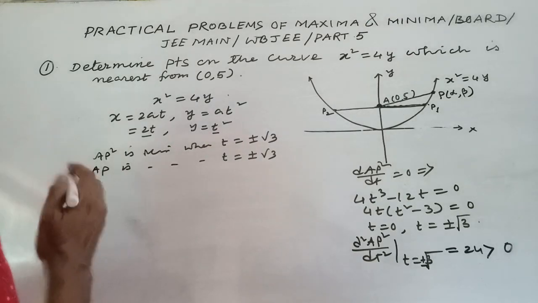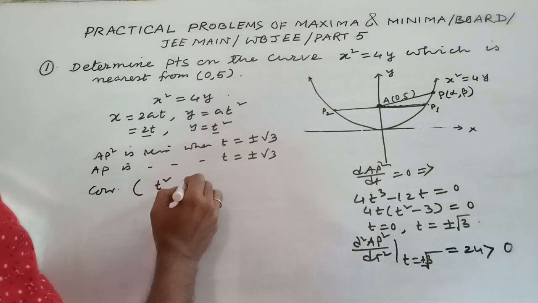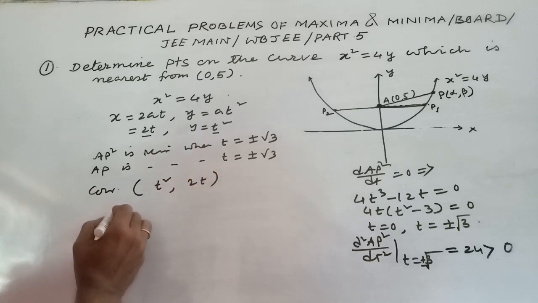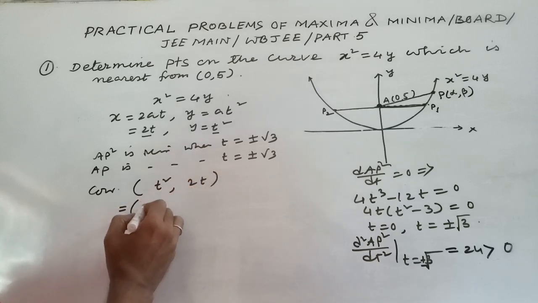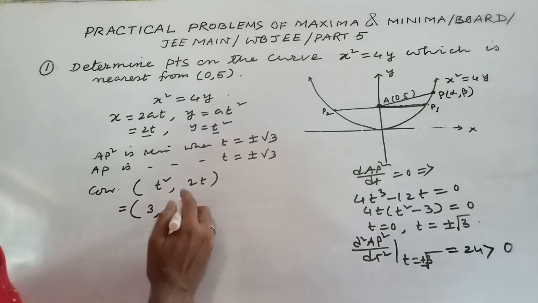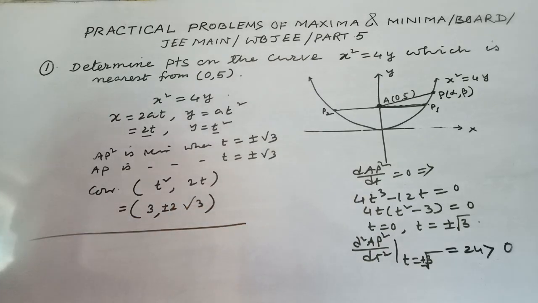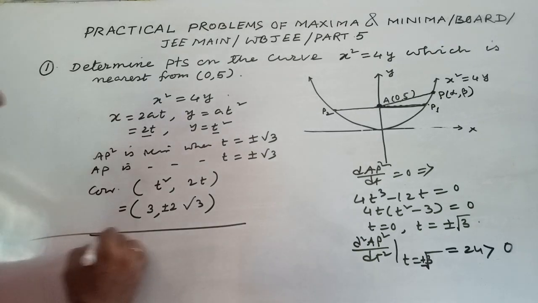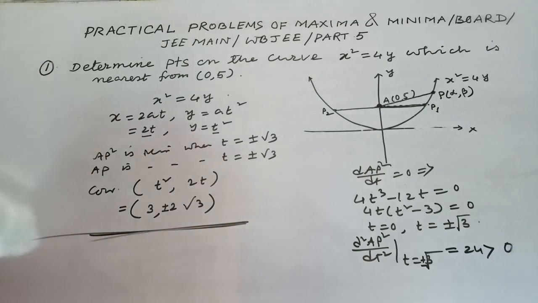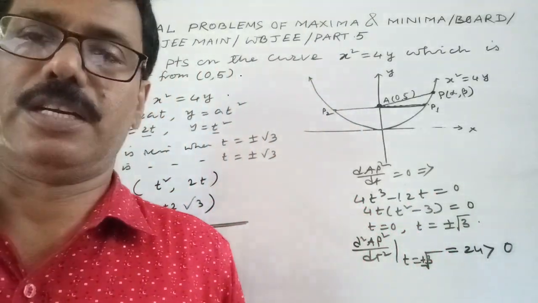Now what is the coordinate? Coordinate is t square comma 2t. So what is t square? t square is 3, and this is 2 root 3 with plus minus. So we are getting 3 comma plus minus 2 root 3. So this is using the parametric condition.